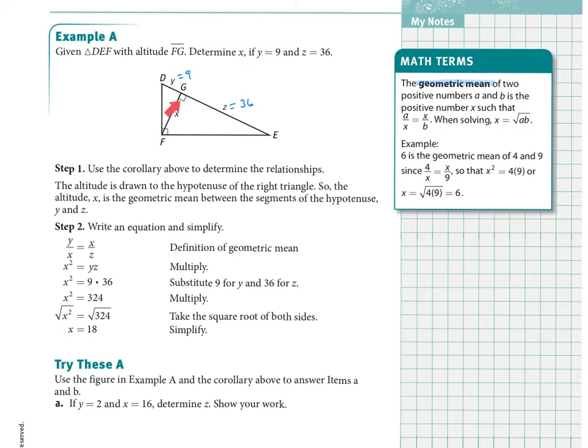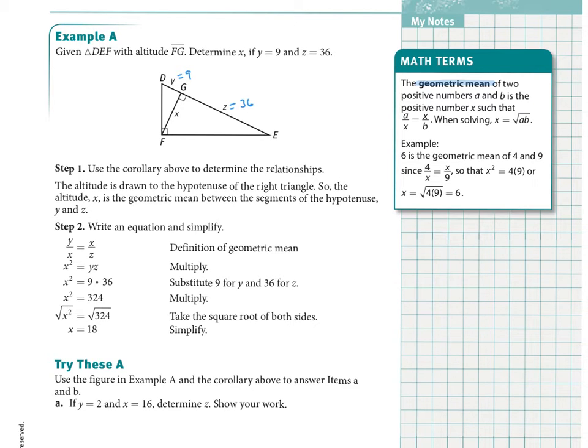So in order to find the altitude, we have to know these two pieces of the whole hypotenuse of the big right triangle. Now, let's say I wanted to find out what y was, and I was given x and z. We can also do that. Or let's say I wanted to find z, and I knew x and y, I'd be able to do that as well.